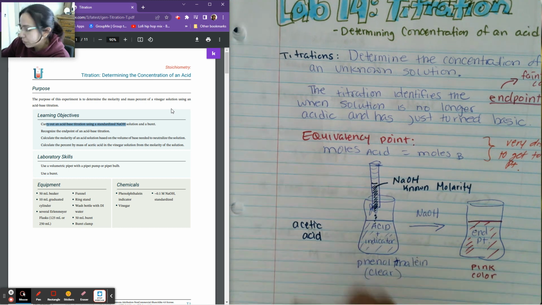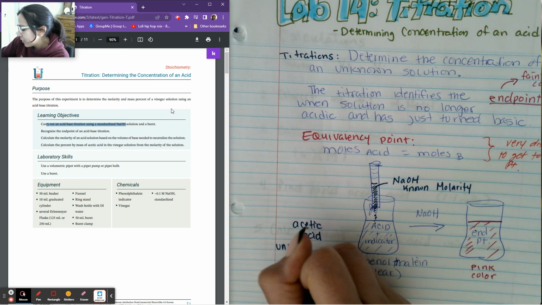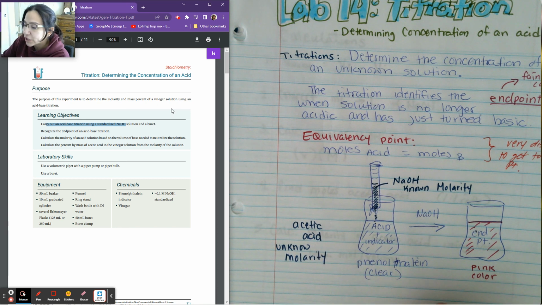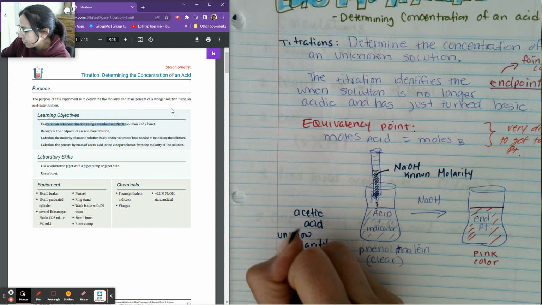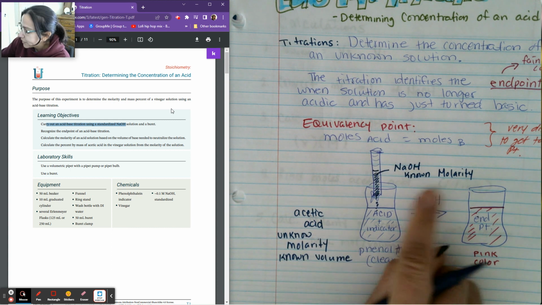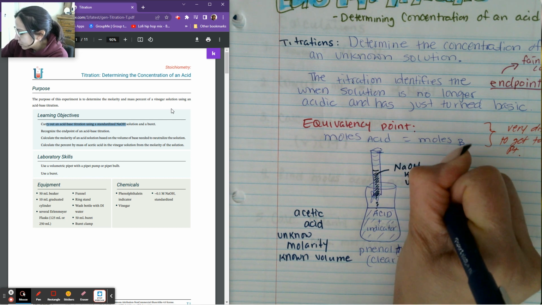We don't know the molarity, so it's an unknown molarity, but we do know how much acid we started with. So it's an unknown molarity with a known volume. This one's a known molarity with an unknown volume.